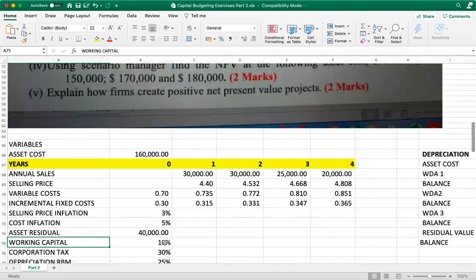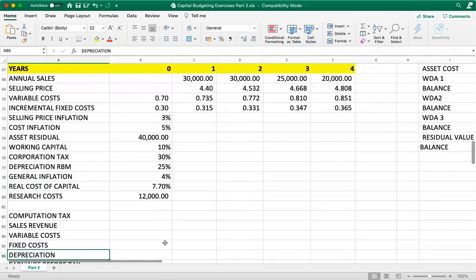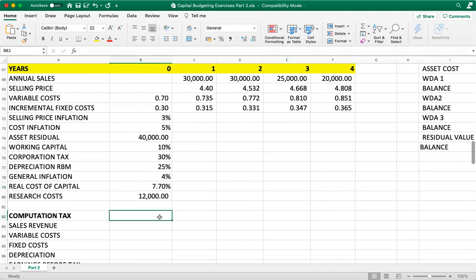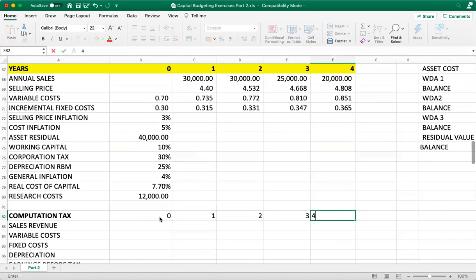Now, we've computed the depreciation. The next thing you need to compute is sales revenue, so that on the basis of that, we are able to compute the working capital. So we'll come here and say, this is year 0, this is year 1, year 2, year 3, and year 4. But because we are told tax is paid in arrears, the tax for year 4 will be paid in year 5.